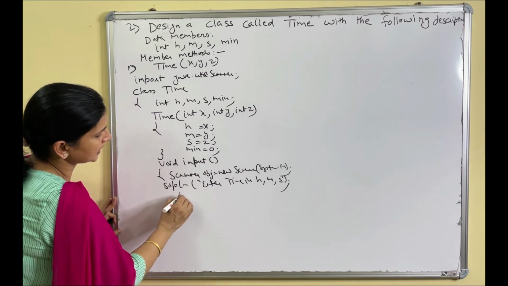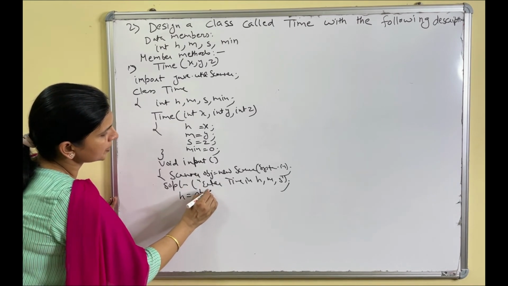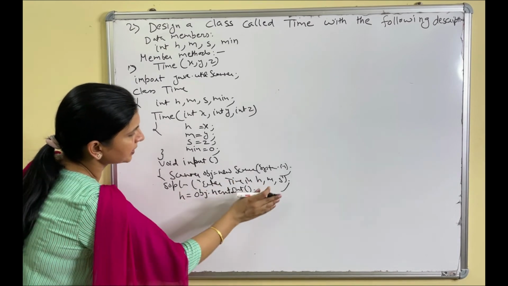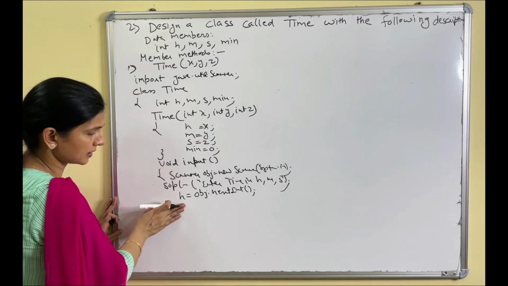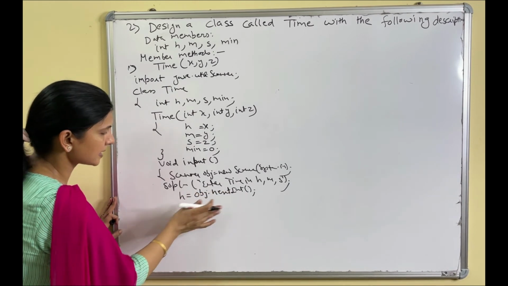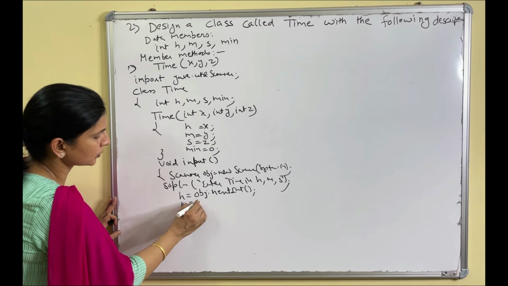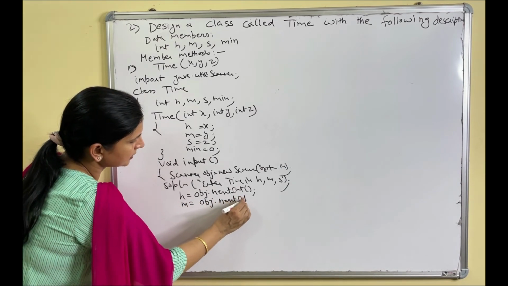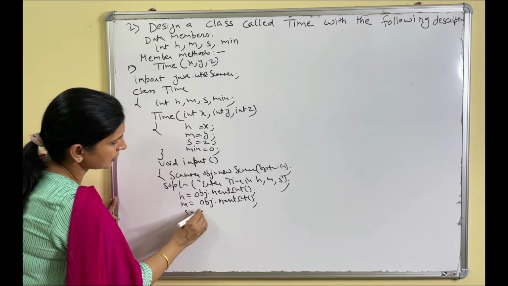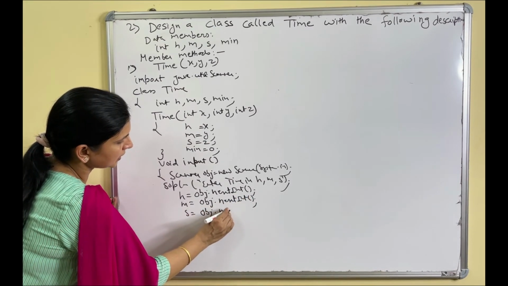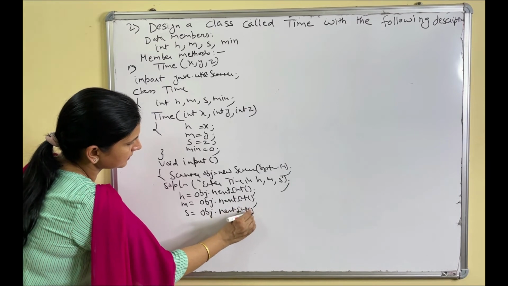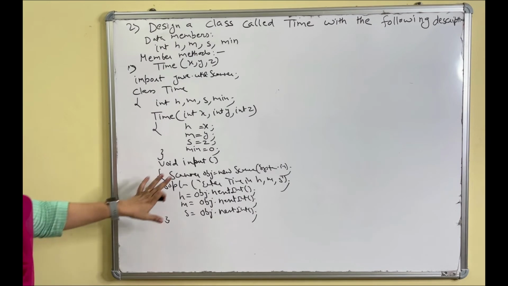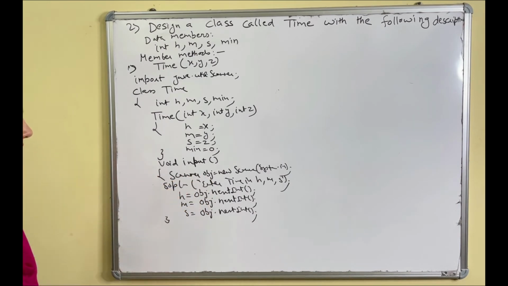So we will take h equals obj.nextInt, or you can say enter time in hours, then obj.nextInt assign into h, then enter time in minutes, or you can write it together. m equals obj.nextInt, s equals obj.nextInt, right? So we have used the input method to accept these hours, minutes and second.